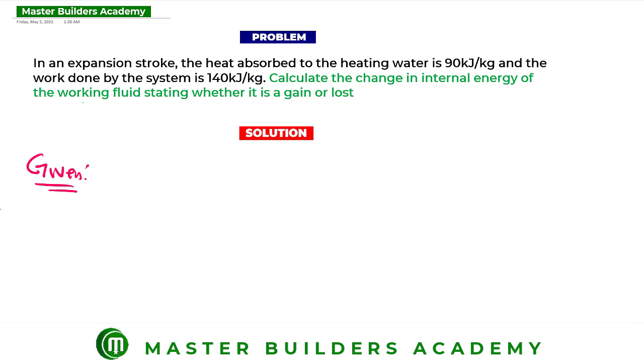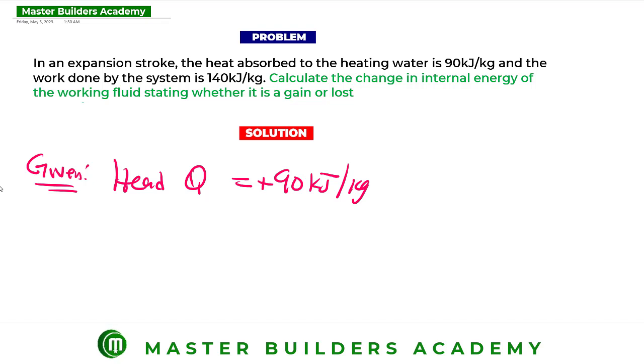So we are given heat, Q, as 90 kilojoule per kilogram. What type of heat is it? Heat accepted, heat rejected, heat absorbed? Heat absorbed means heat received, heat accepted. Because it is accepted, we take this heat as positive.